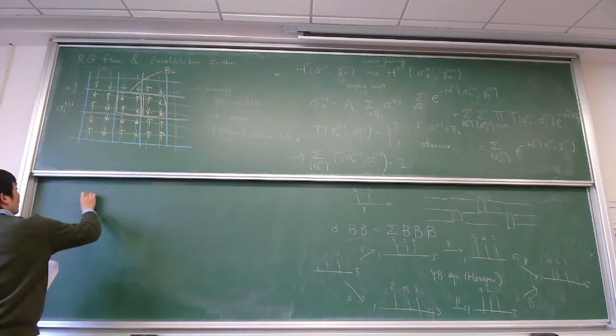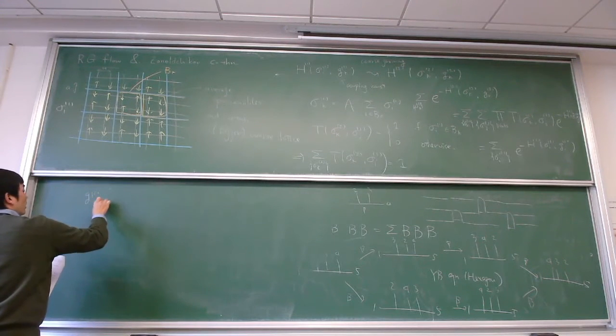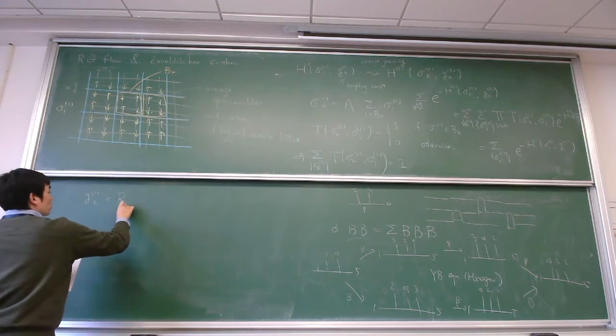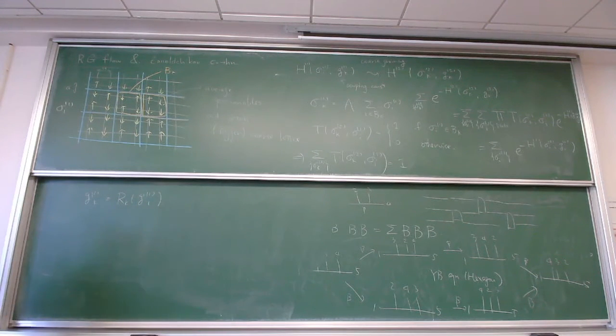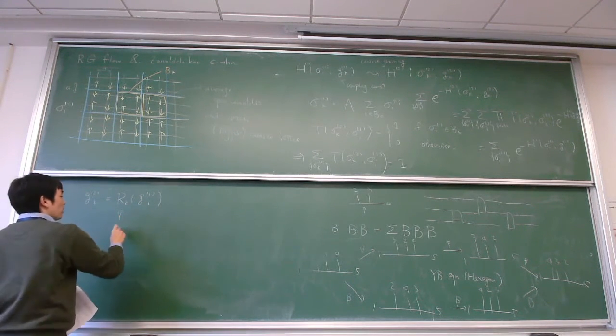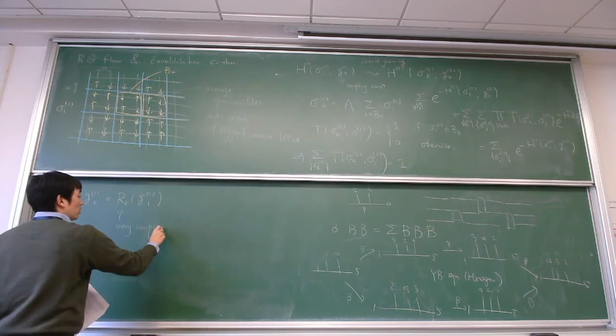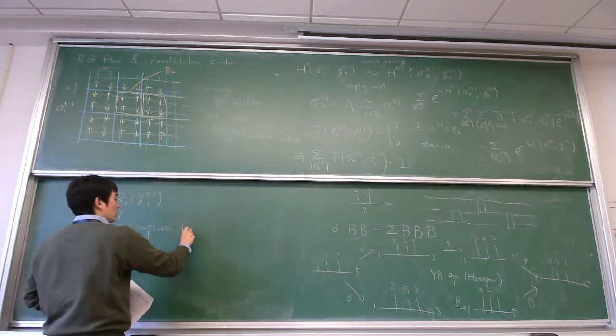The new coupling constant G_k of 2 is some function of the old variables. This is usually a very complicated function.